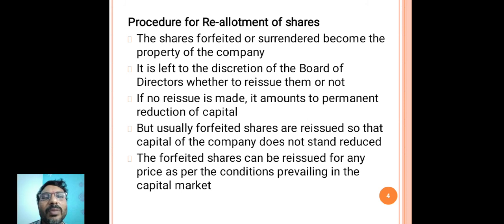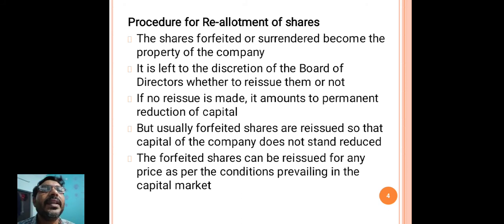Their relationship has expired, and they are no longer members written in the shareholders register.